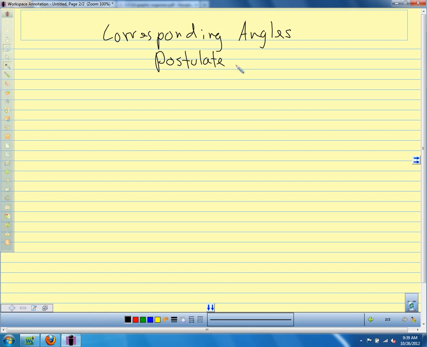This is our big postulate for today. And what do we say a postulate is? Something that we accept as true without proof. So our corresponding angles postulate, down at the bottom, is: corresponding angles are congruent.